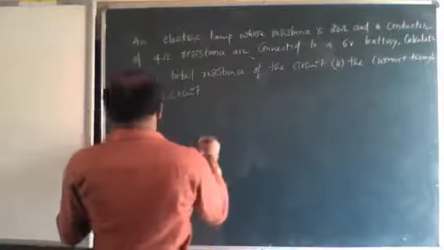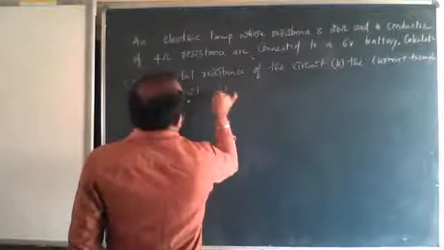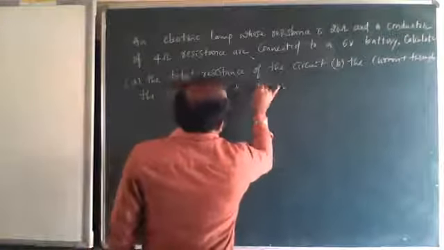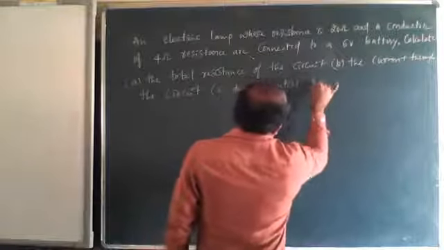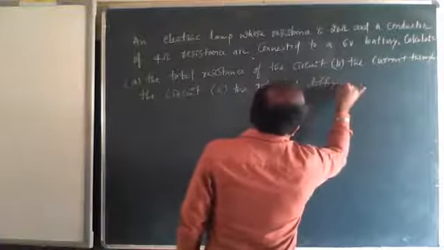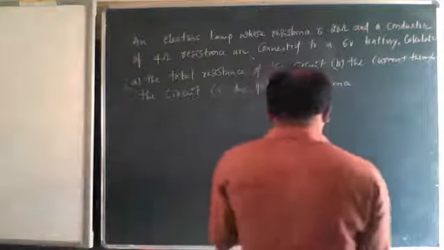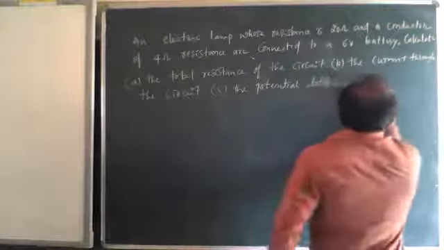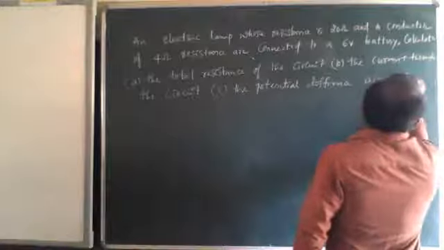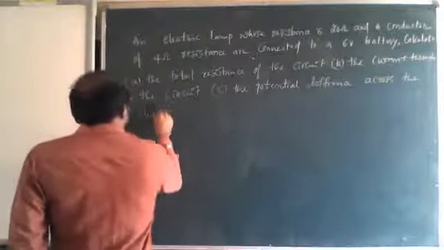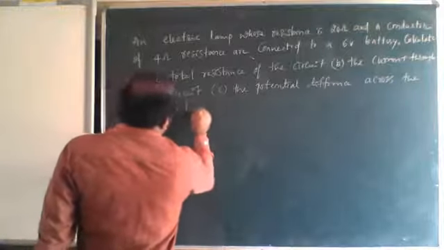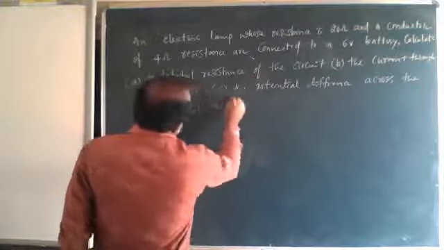And C, the potential difference across the electric lamp and conductor.